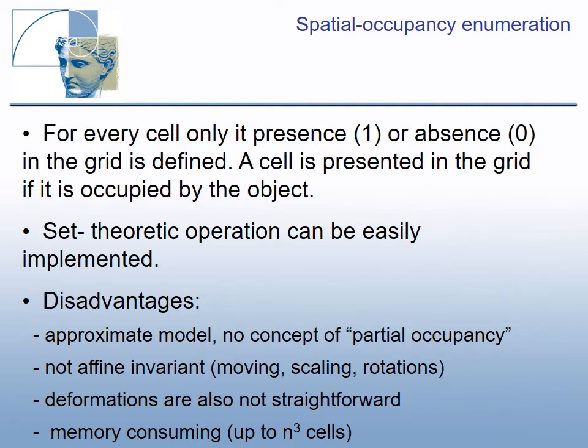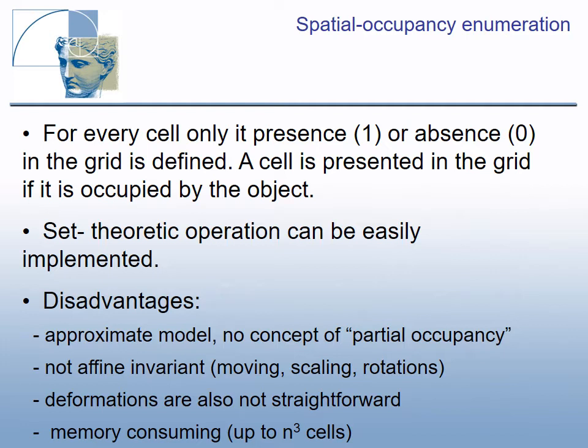For every cell, only its presence marked by 1 or absence marked by 0 in the grid is defined. A cell is presented in the grid if it is occupied by the object. Set-theoretic operations can be easily implemented because at each cell one can apply just a corresponding Boolean logic operation.